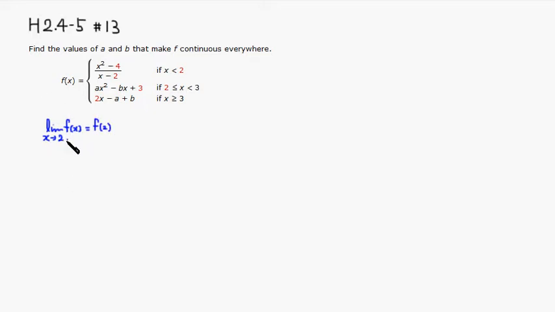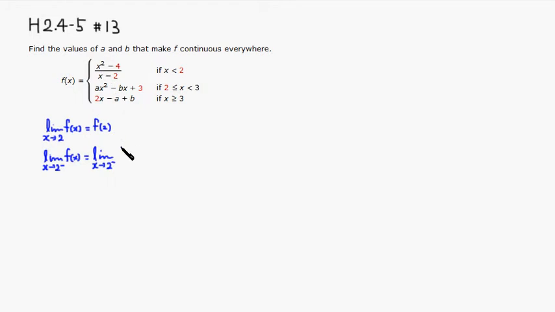So first, to make sure that this limit actually exists, let's look at the left-hand limit, so limit of f of x as x approaches 2 from the left, right?